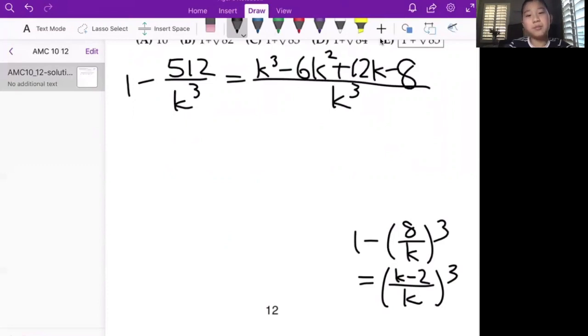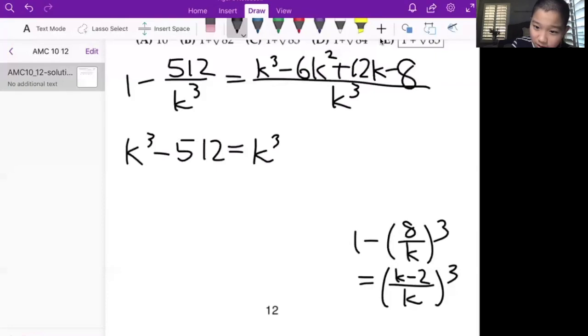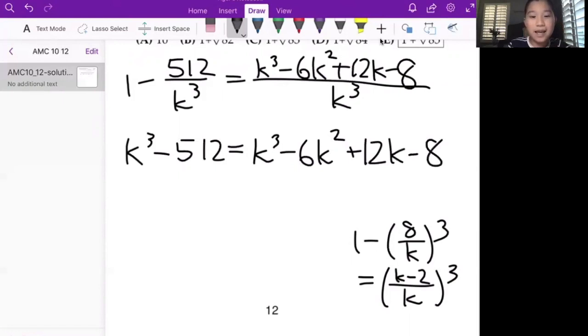So then we multiply by k cubed on both sides and we get k cubed minus 512 equals k cubed minus 6k squared plus 12k minus 8. And then the good news is these k cubes cancel.